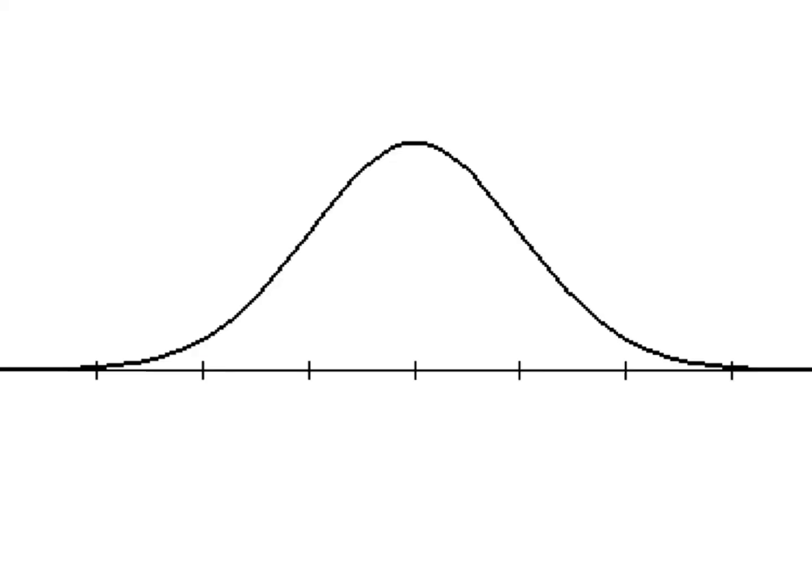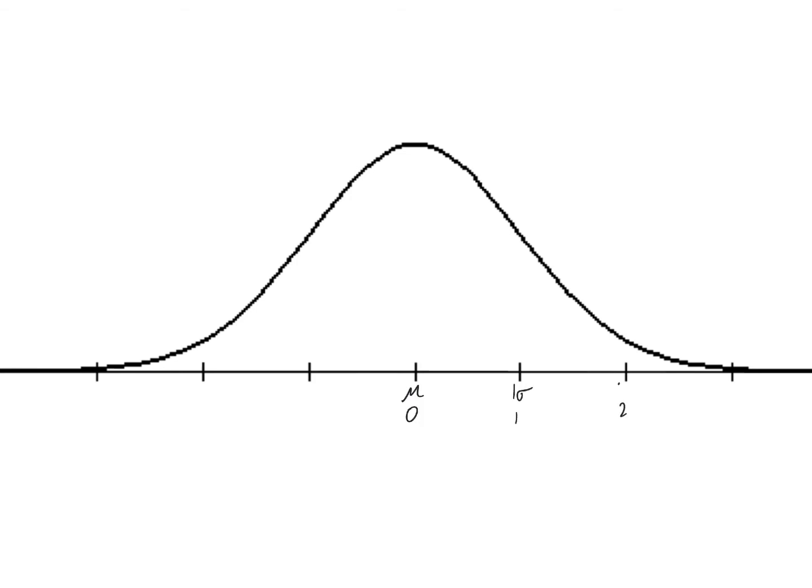Okay, so this is our normal model. We're going to make this the standard normal model with a mean of 0, 1 standard deviation above, 2 standard deviations above, and 3 standard deviations above the mean. In the standard normal model, it's just 0, 1, 2, and 3. Those are the z-scores, and -1, -2, and -3 standard deviations below.